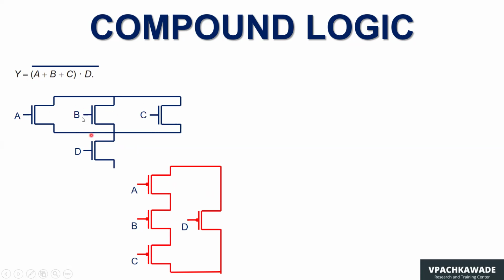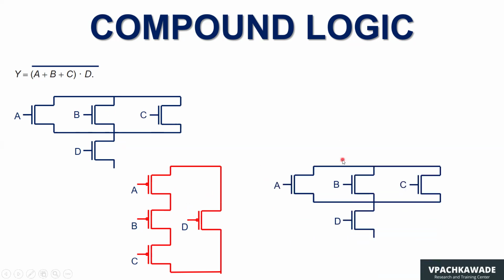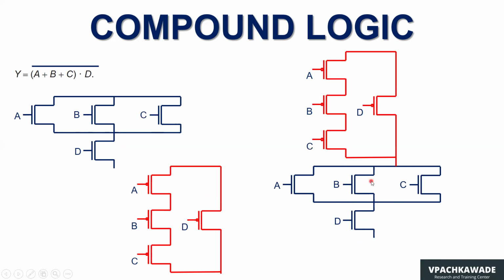Once you have got the NMOS network, which is a pull down network, and the PMOS network, which is a pull up network, we know what pull up and pull down are. You can see I have placed the pull down network, or simply the NMOS network, right over here. Then on top, I have placed the PMOS network.